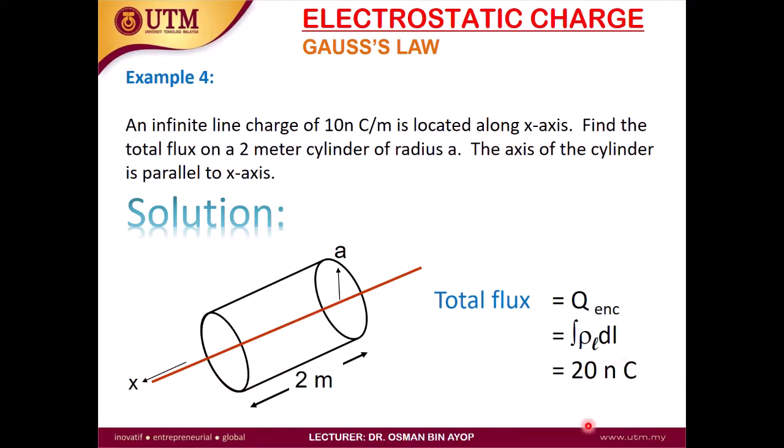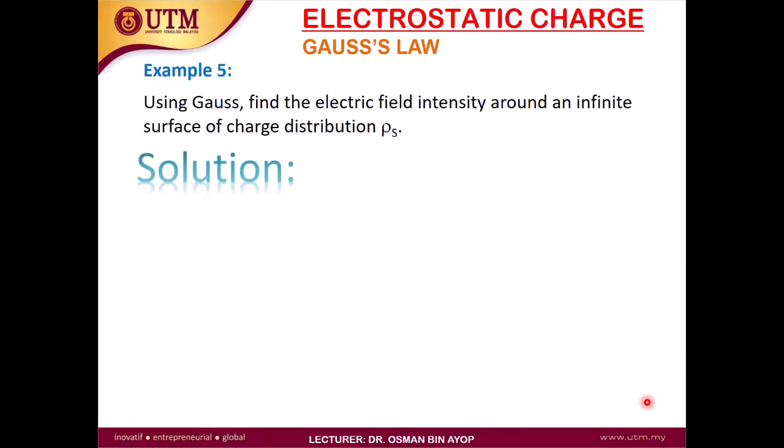So it's equal to 10 nanocoulomb multiplied by 2 meters, which equals 20 nanocoulomb. So easy. The next example, using Gauss, find the electric field intensity around an infinite surface of charge distribution rho s.